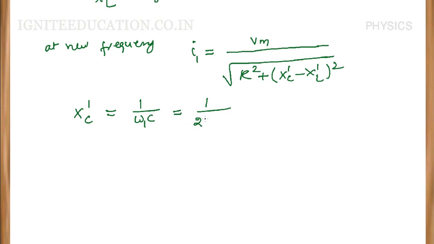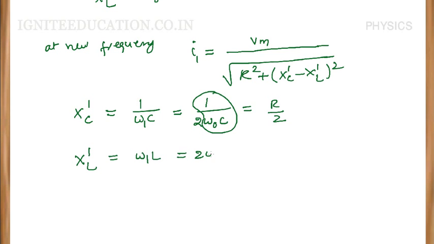So I am writing 2 omega naught C, which is equal to R by 2, because 1 by omega naught C can be expressed as R. Similarly, XL dash is equal to omega 1 L, that is equal to 2 omega naught L, which is equal to 2R.